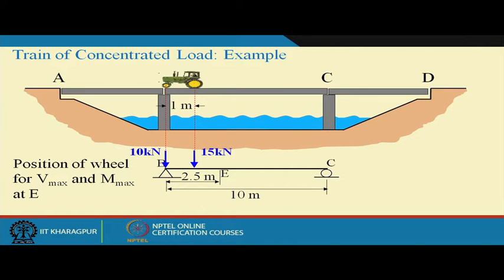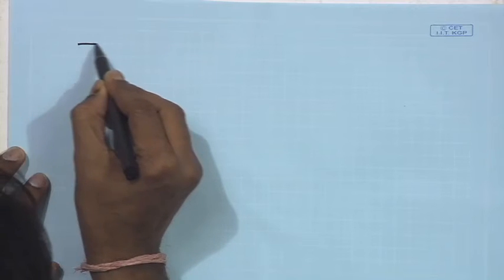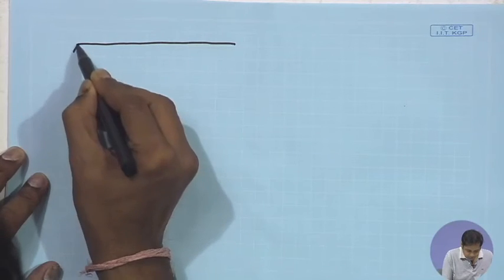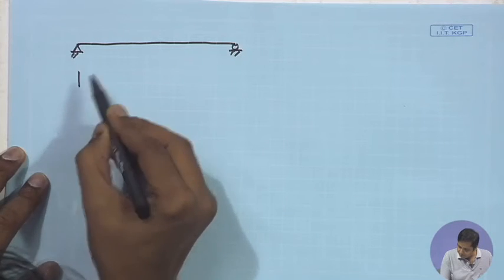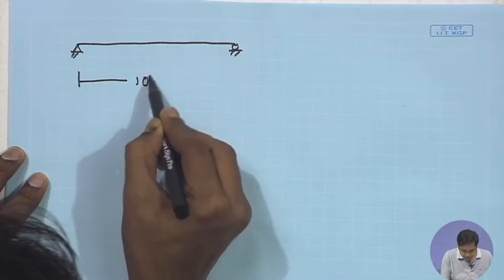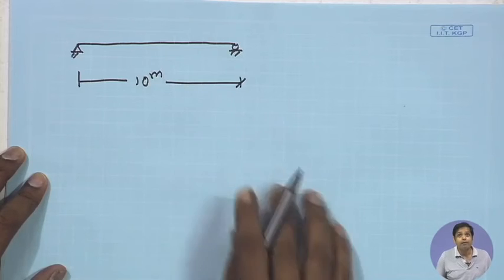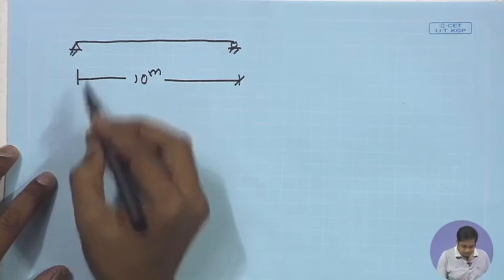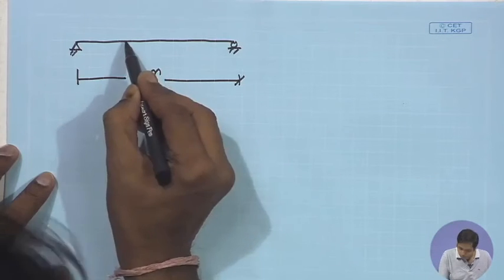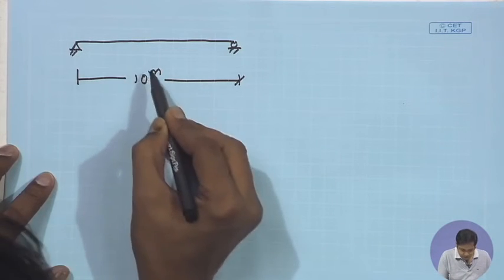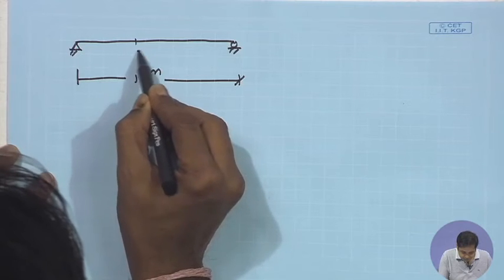try this problem. So, quickly, it is a simply supported beam, and the total length is 10 meter, and then we have a point E which is at 2.5 meter distance.